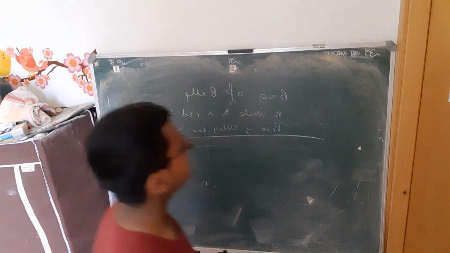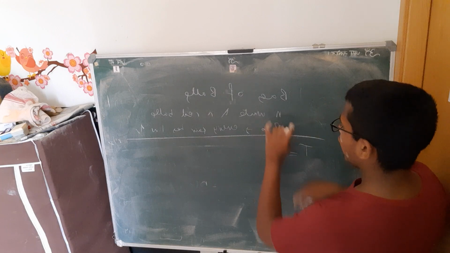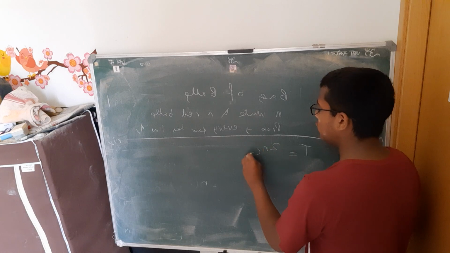So let's find the total events, our sample space as we can call it. The total number of balls you have to consider is 2n, and then you're pulling out 2.